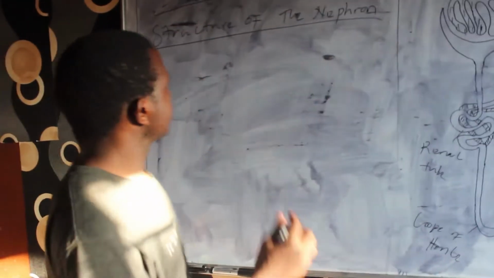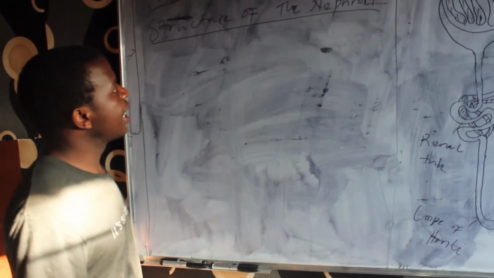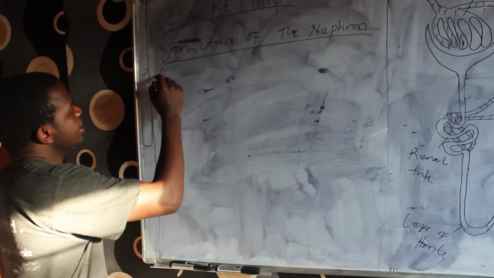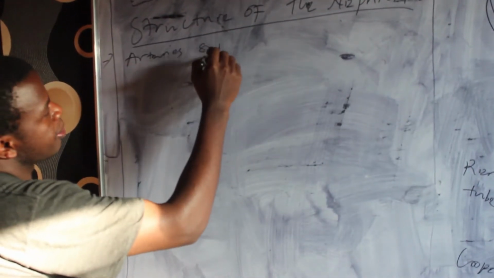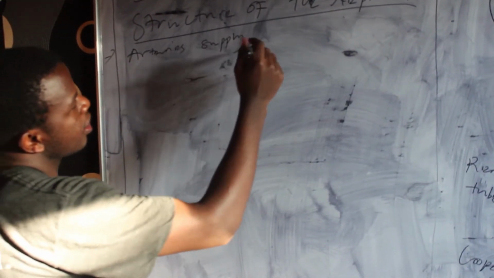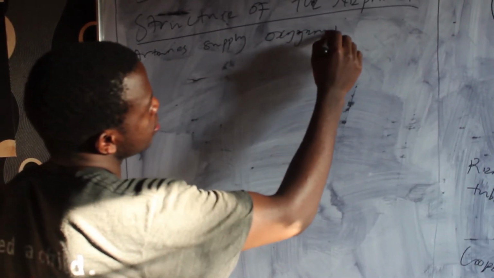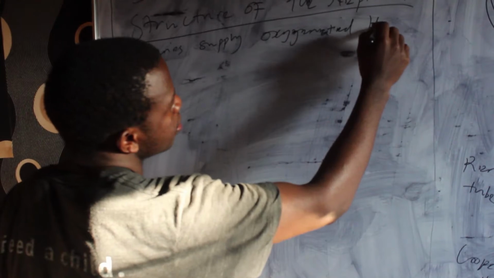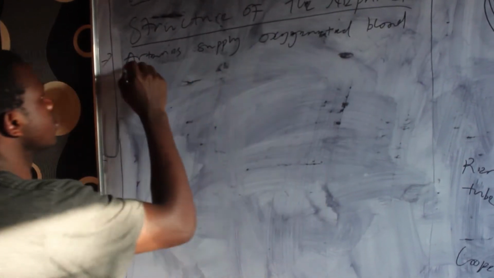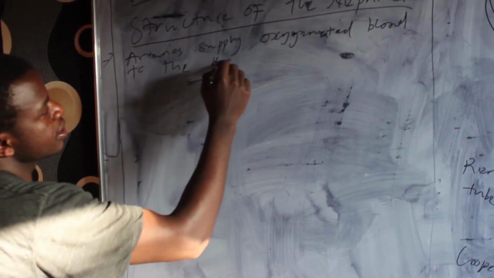I've said each kidney is supplied by oxygenated blood by the arteries. So the arteries supply oxygenated blood to the kidneys.